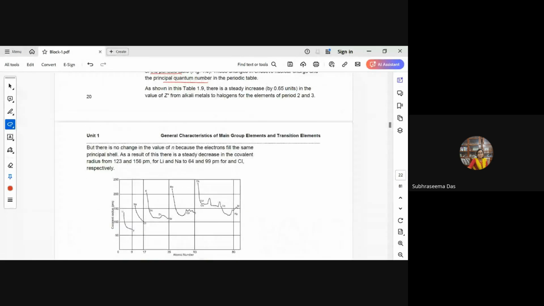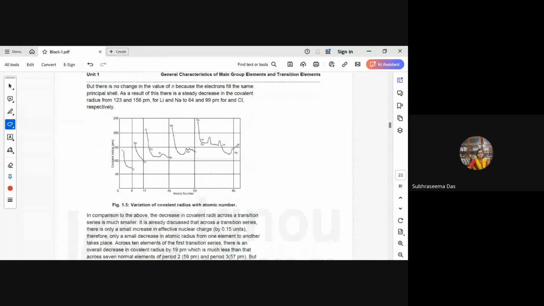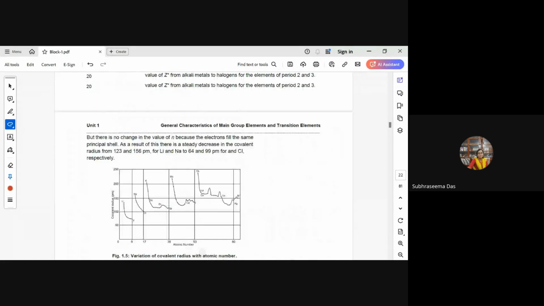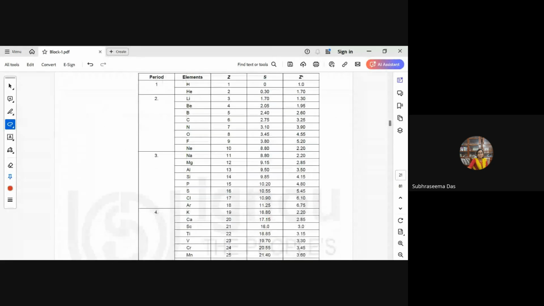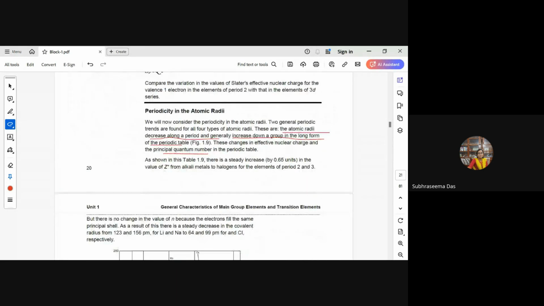As shown in table 1.9, there is a steady increase of almost 0.65 units in the value of Z star as we move along the periods for elements 2 and 3.